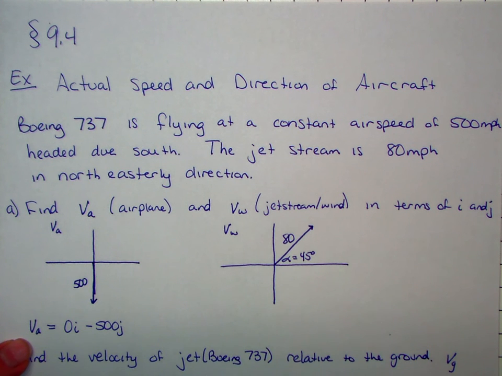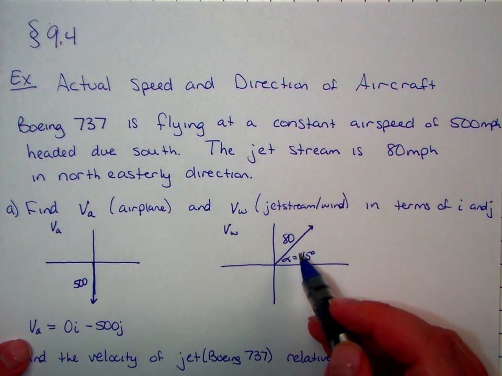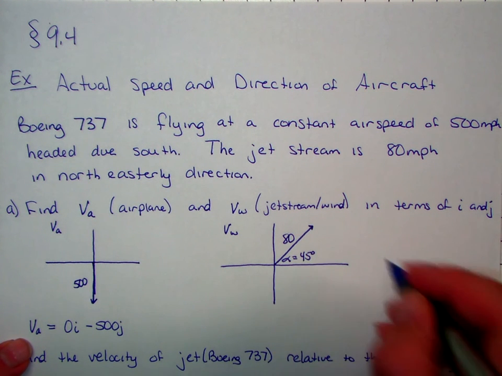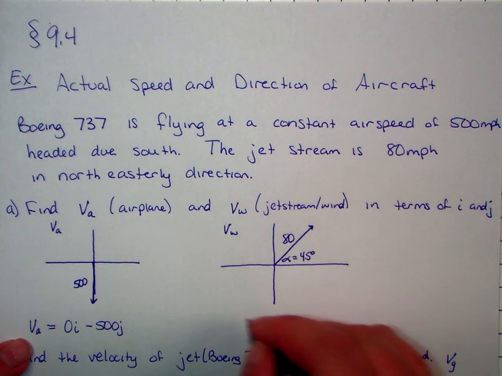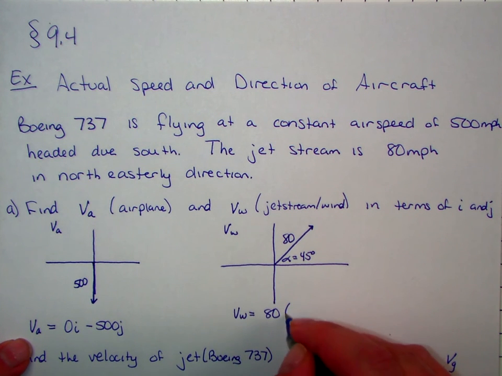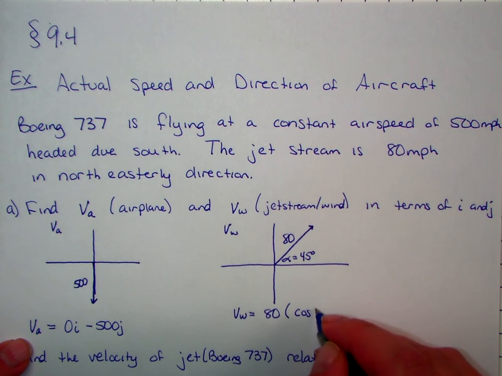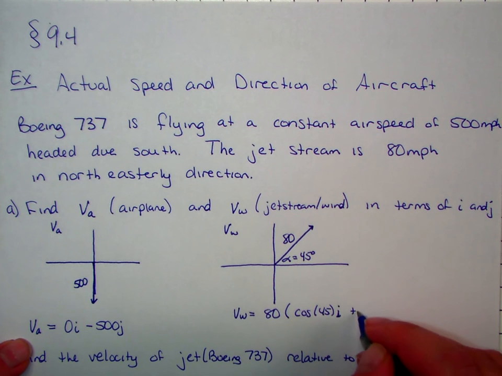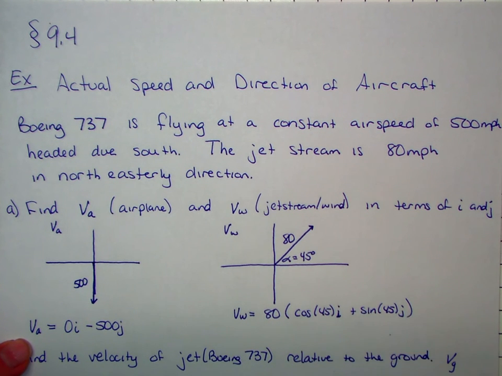So if we wanted to, we could write the velocity vector here. V sub W is the magnitude times cosine of alpha i plus sine of alpha j.